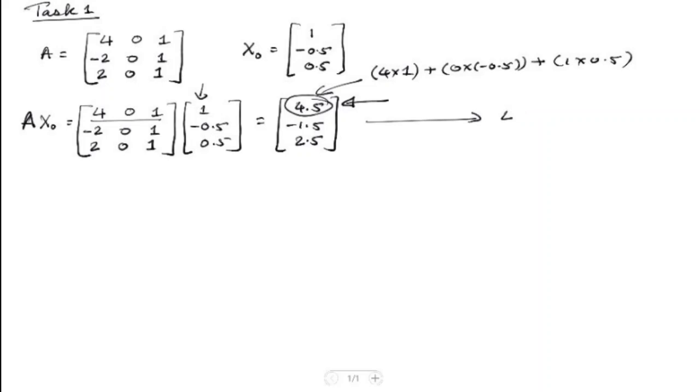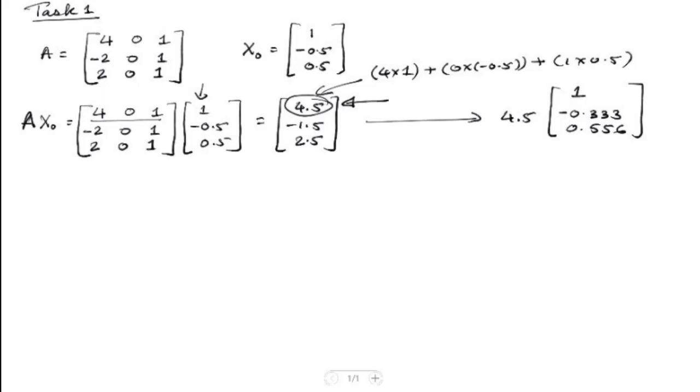So I'll take 4.5 as common out, and that will give me 1 here, and minus 0.333 and 0.556 here. Now that's the first iteration.